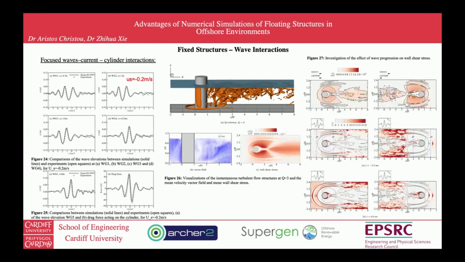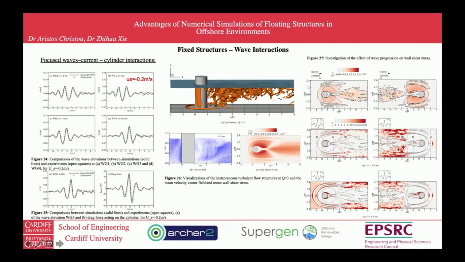I don't want to spend a lot of time here, but worth noting, if we have only the current, we can see the horseshoe vortex here and the turbulent current behind the cylinder, and how these generate or affect the flow bed wall shear stress. This is the wall shear stress on the flow bed without waves.